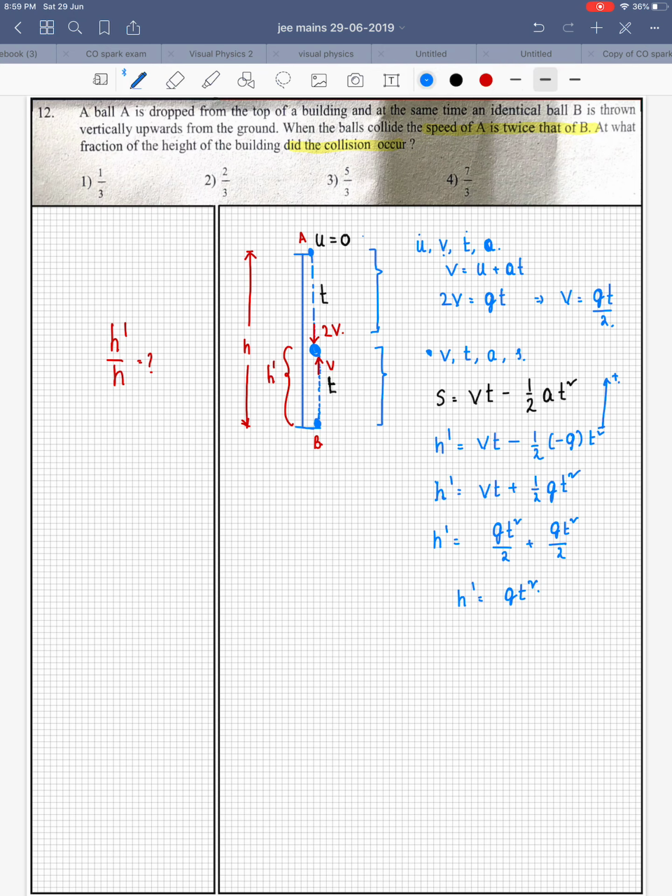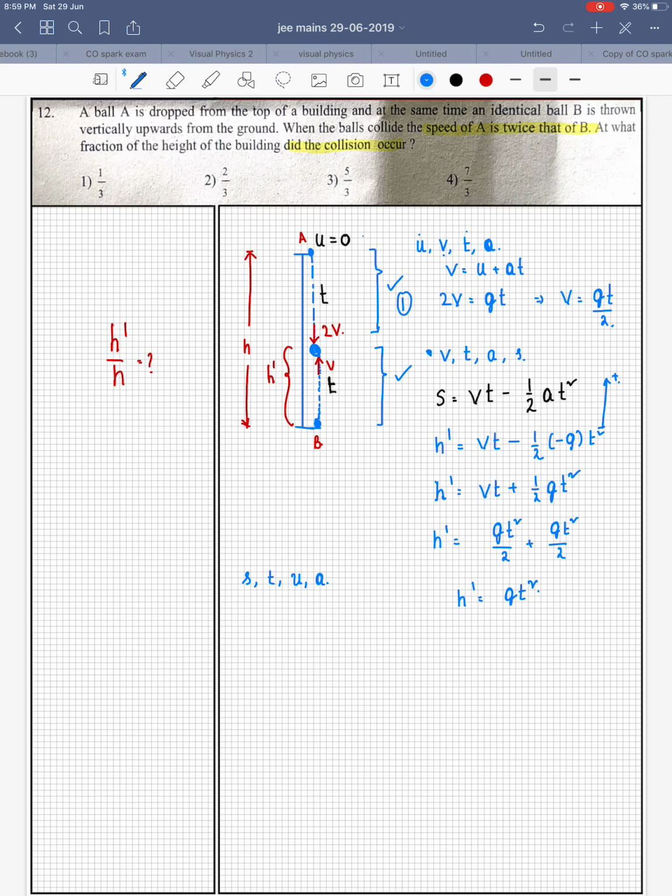The total height can be obtained by summing this side plus this side. So in this one, I want the height, I know the time, I know u, and I know a.